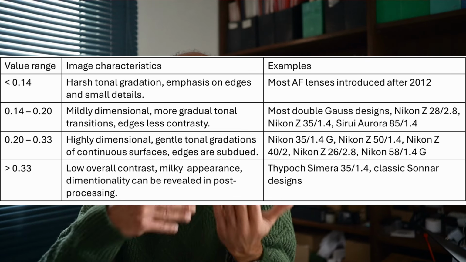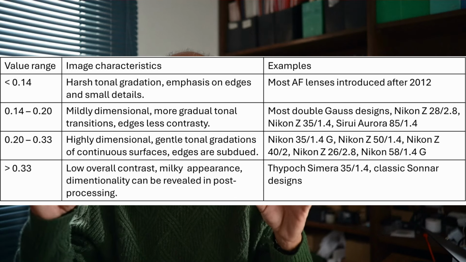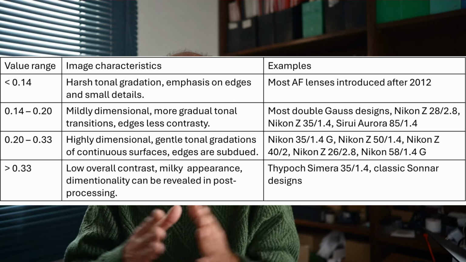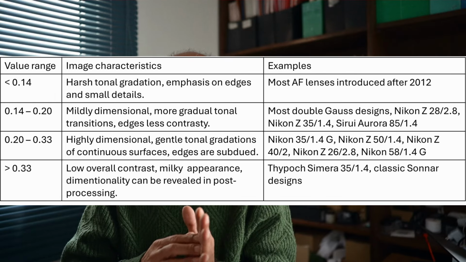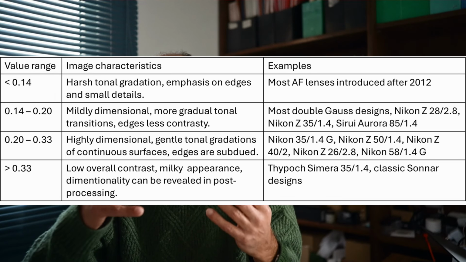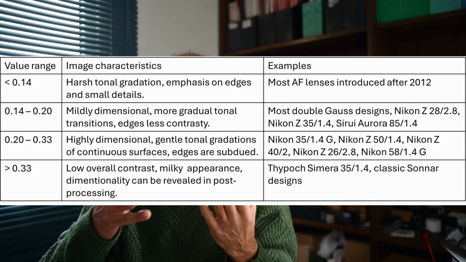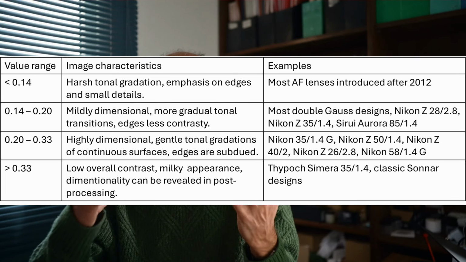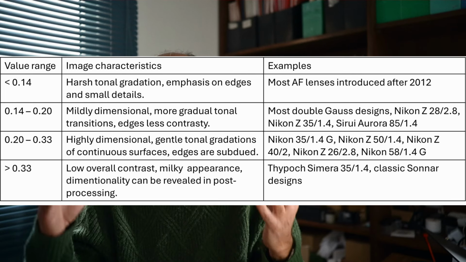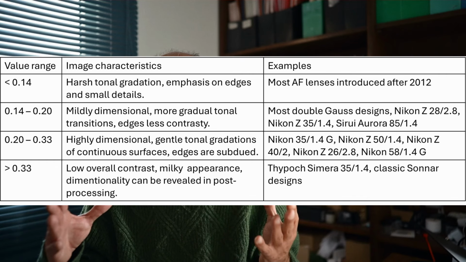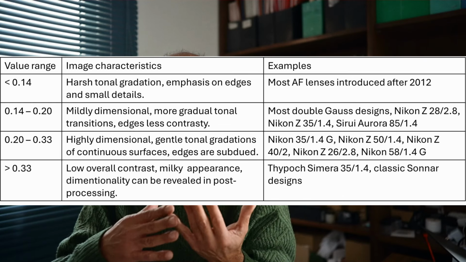They typically only have 3 groups in their construction. And another one is the Thypoc Chimera 35mm f1.4, which is made of 9 elements in 5 groups with no low dispersion glass. So it scores a very high dispersion score of 0.44 out of the maximum of 0.5.